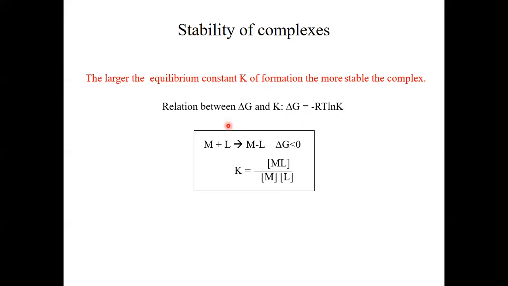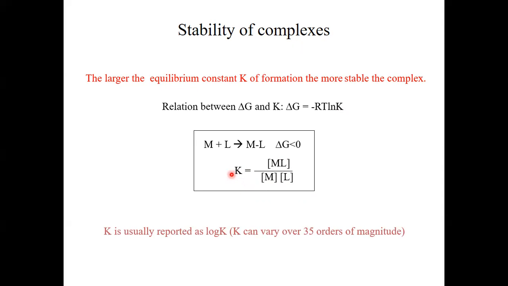That equation relates to this chemical reaction in its most simple form, in which we form a metal-ligand bond from a metal and a single ligand, and then K is given by the concentration of the complex over the concentration of the metal times the concentration of the ligand.